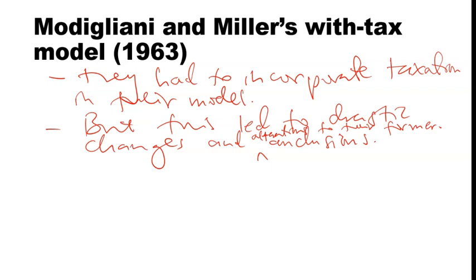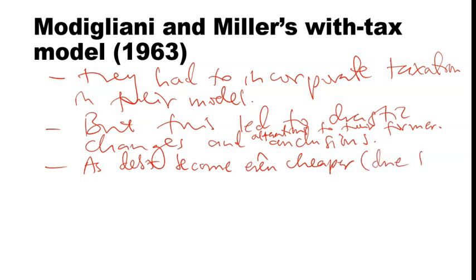All right. So in this model, debt became even cheaper due to tax relief on interest payments.